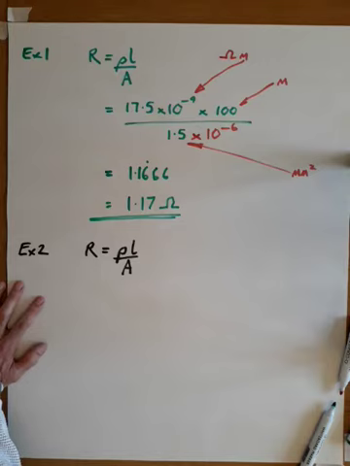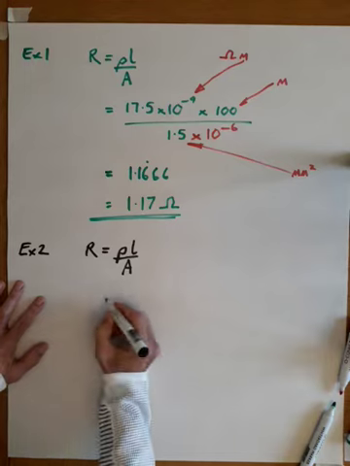It has a cross-sectional area of 2.5 millimeters squared. The resistivity of copper is 17.6 times 10 to the minus 6 ohm millimeters. So the last bit there, how the resistivity is presented, tells us how we're going to do the calculation.